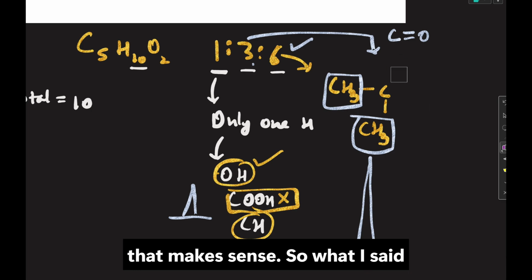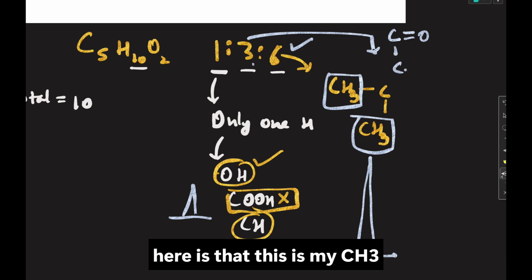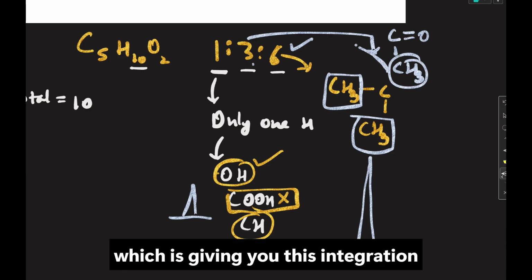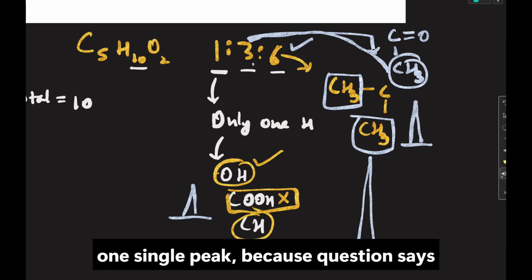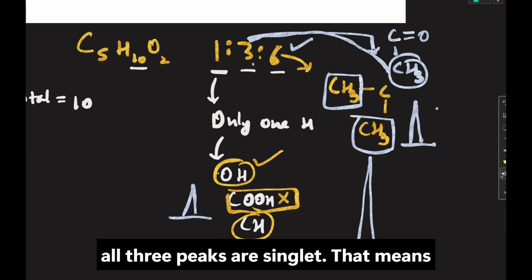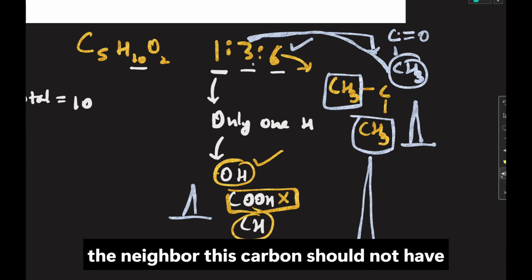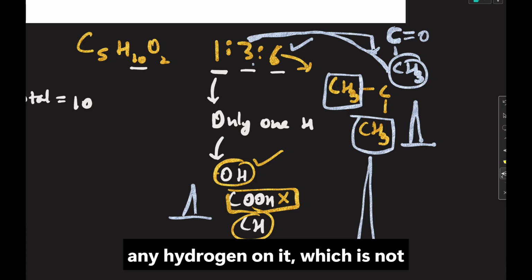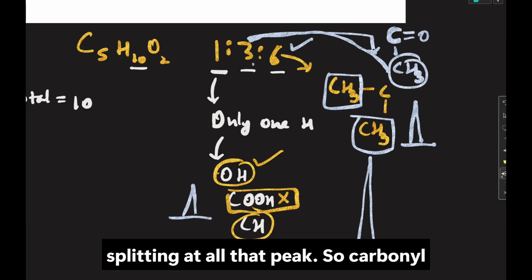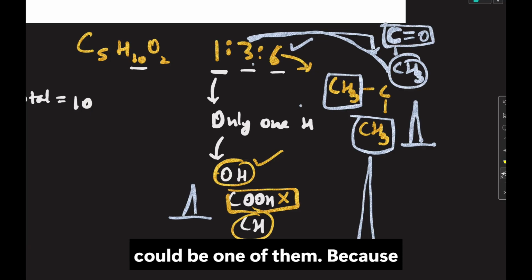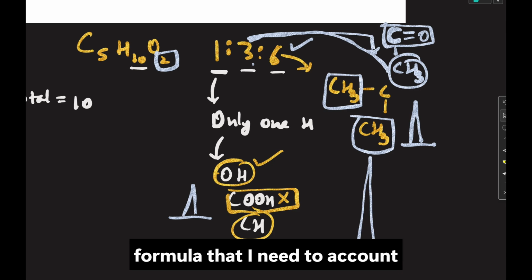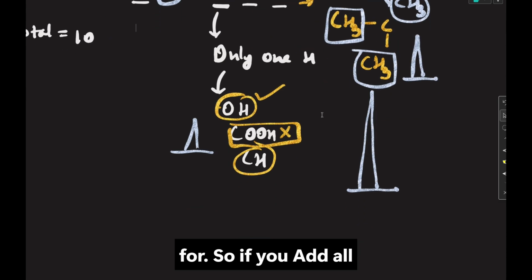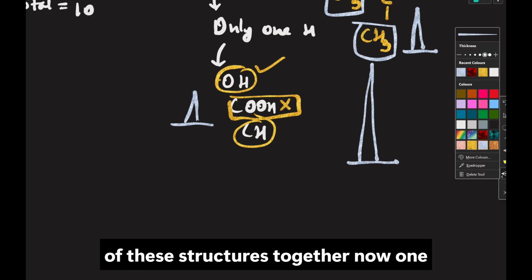This CH3 gives you this integration ratio, but it will have only one single peak because the question says all 3 peaks are singlets. That means the neighboring carbon should not have any hydrogen on it, so that the peak is not split. Carbonyl could be one of them because I have 2 oxygens in the formula that I need to account for.